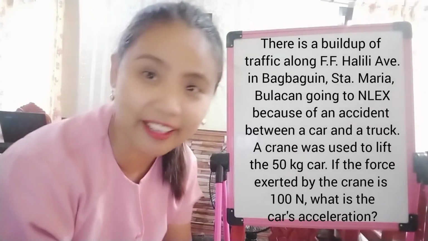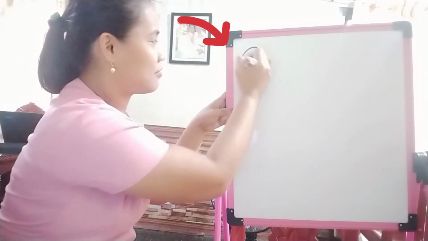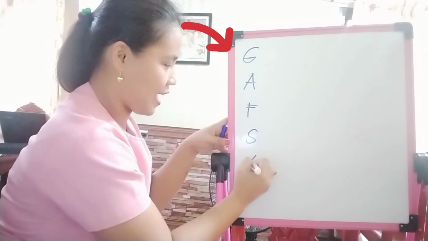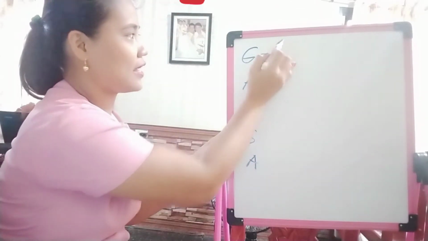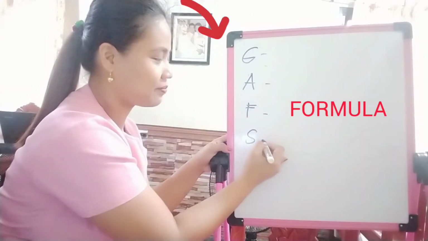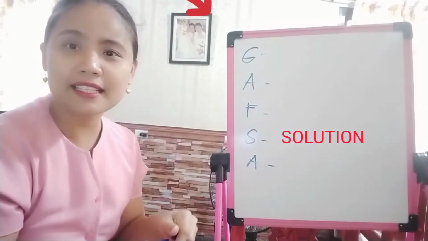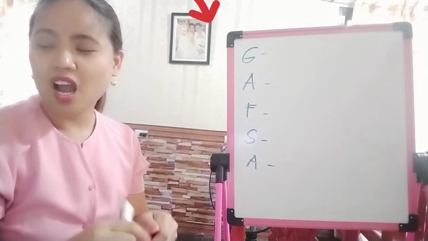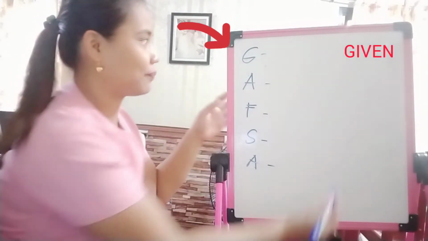Remember our mnemonics. You have GAFSA. Given, what is asked, the formula, the solution, and the answer. For this problem, our given are the following.